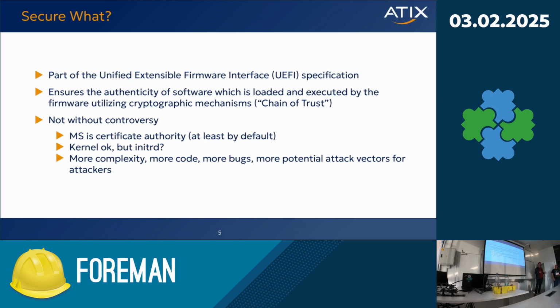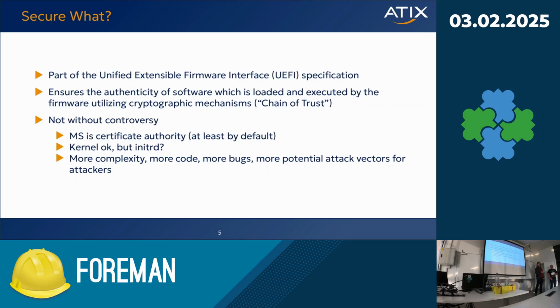So first of all, Microsoft is basically a kind of CA, at least by default. So everything you want to boot with CfgMgmtCamp, with the default settings, must be signed by Microsoft. Then we have the point that if you speak of the kernel, you also have initRD, and the kernel is actually signed. But what about your initRD?